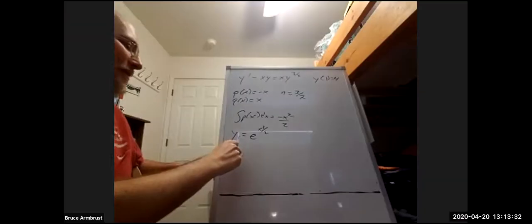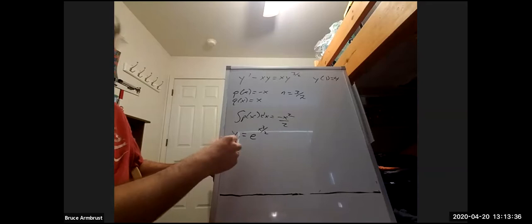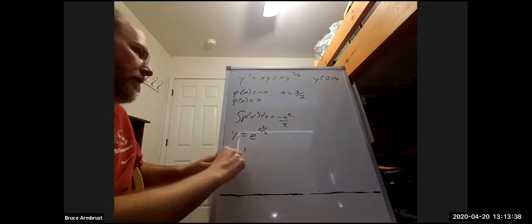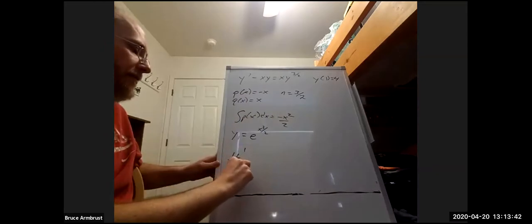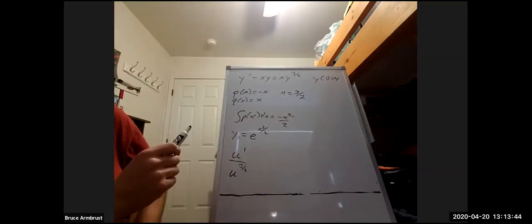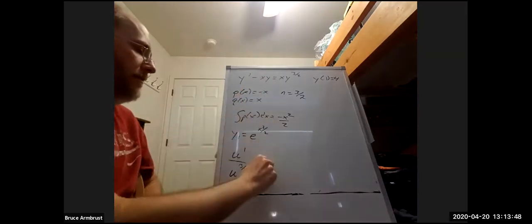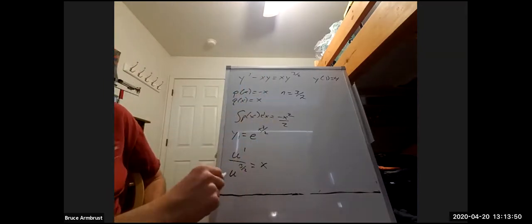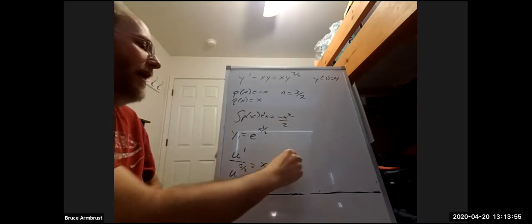Or n, sorry, you guys are using n. Nope, that totally works. So we're going to find that u. And again, what we know is that u prime over u to the 3/2 is going to equal x times y1 to the 1/2.